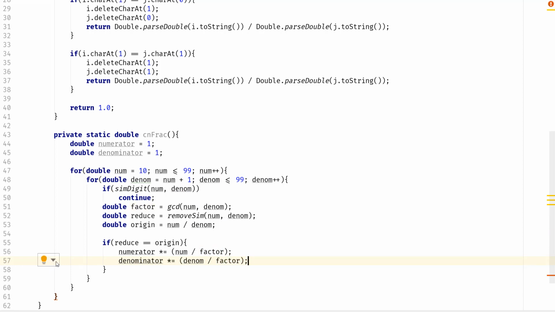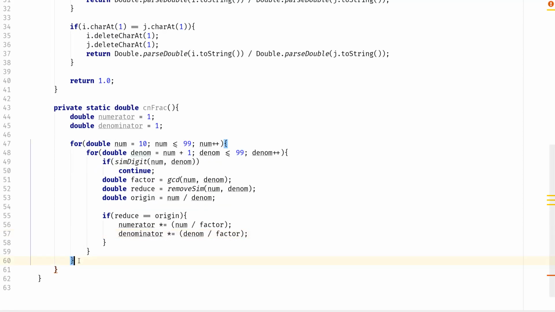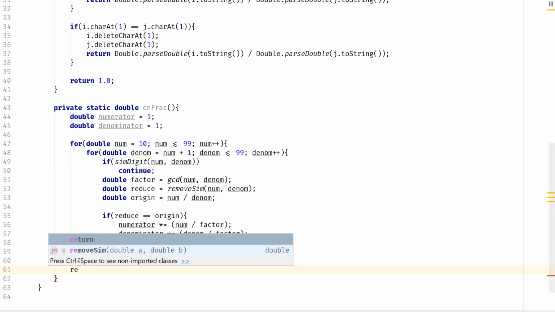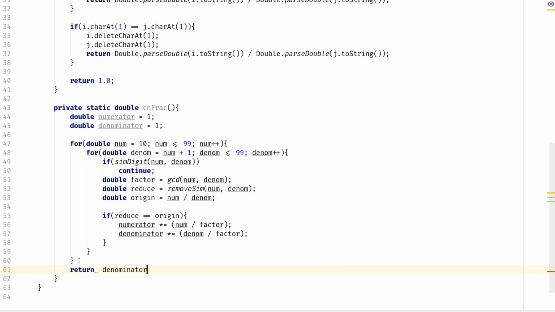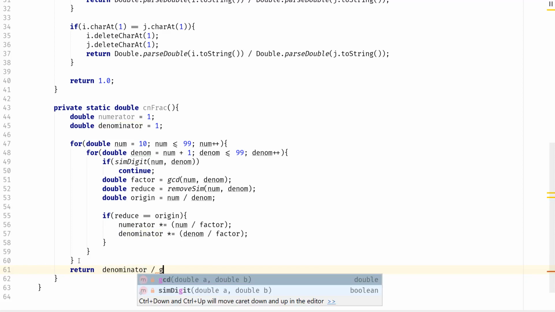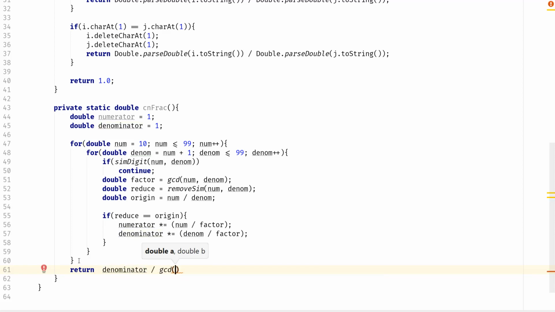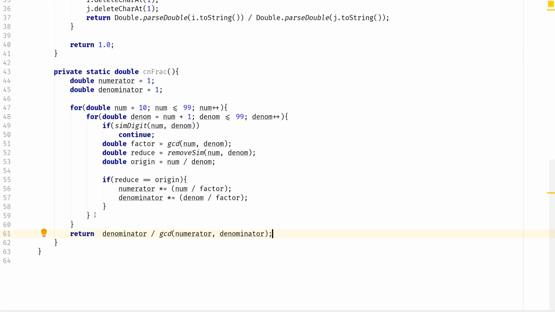And now once we're done with this, we just need to get that denominator in its lowest common form. So we're going to return denominator divided by the GCD of the numerator and the denominator. All right, and we're done with this.